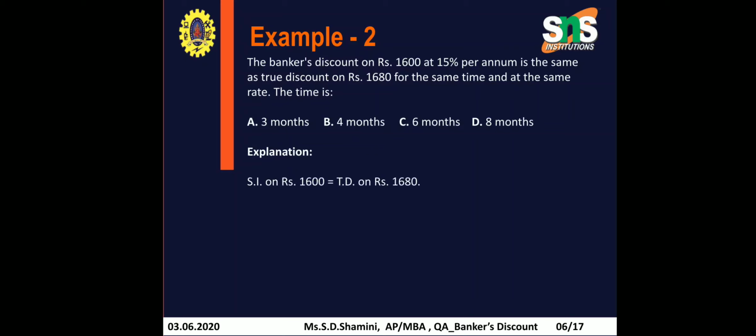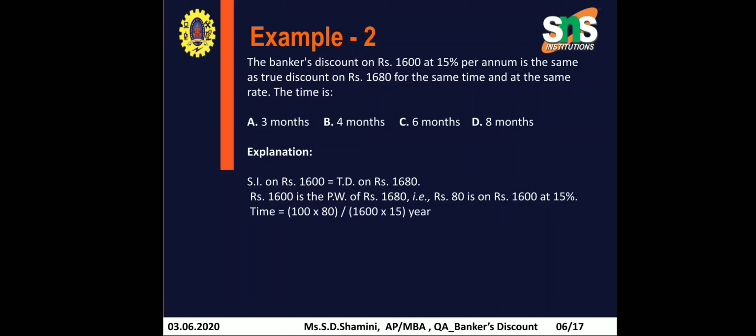So the simple interest on 1600 is equal to the true discount on 1680. It has been given in your question. So rupees 1600 is the present worth of rupees 1680, that is 80 rupees is the interest on 1600 at 15%.